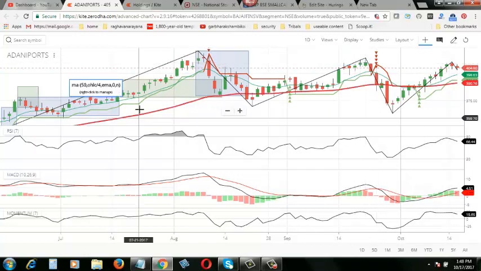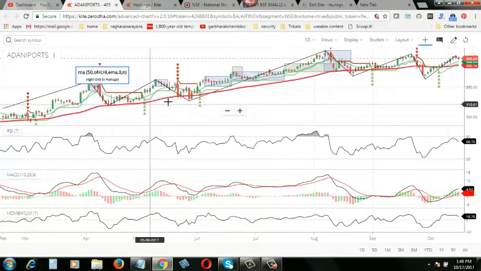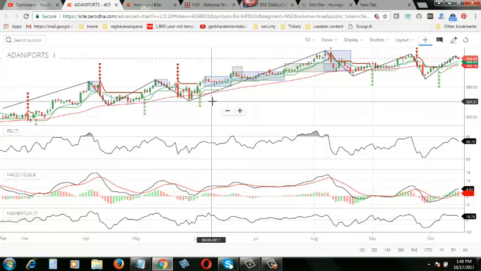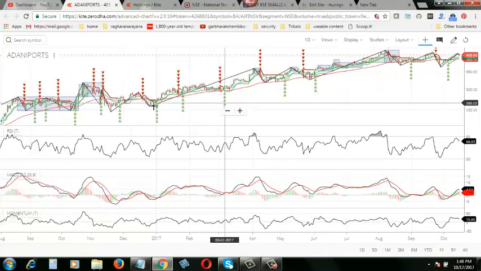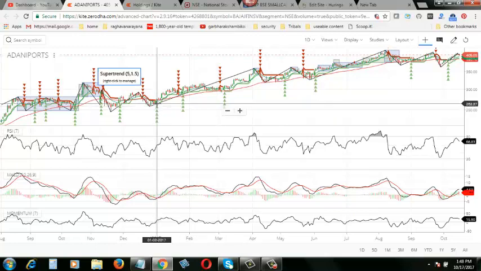Let's see how Adani Ports has fared in this particular year from January. In January 2017, the price of Adani Ports was 264, whereas right now it is 405. Very good development, progressive when it comes to the price point.